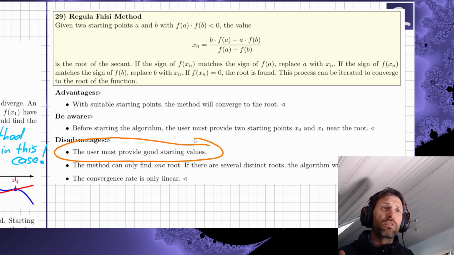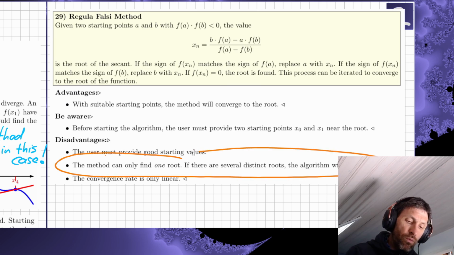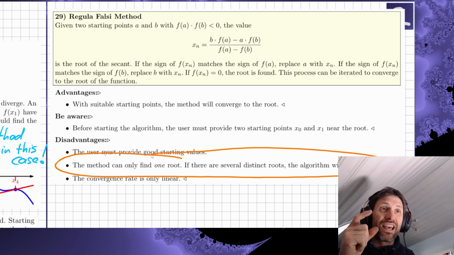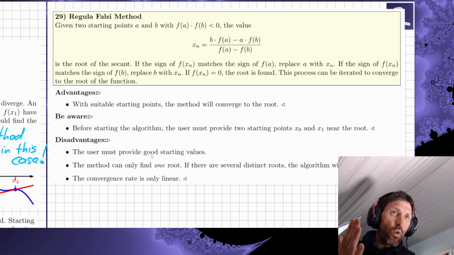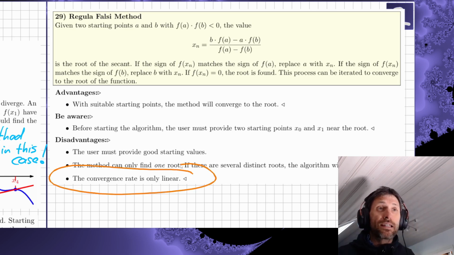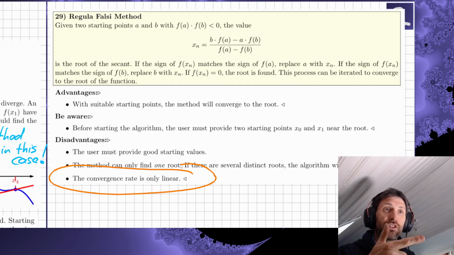This is one of the most important things I will say here in that chapter. You always have to provide them. The method can find only one root. If you want to find more than this single one, you have to start the algorithm again with appropriate starting values, and this is the truth for all algorithms. A disadvantage of Regula Falsi is that its rate of convergence is only linear, and secant and Newton are superior.